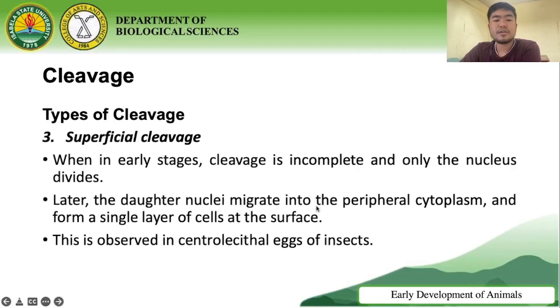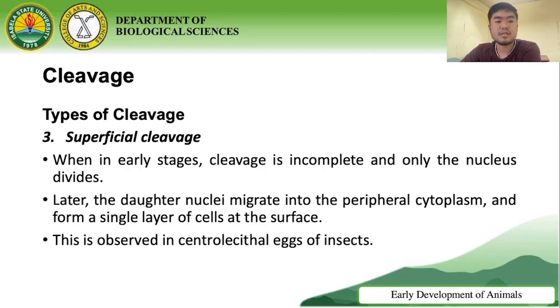And the third one is the superficial cleavage. Okay? So, when in early stages, cleavage is incomplete and only the nucleus divides. Okay, later, the daughter nuclei migrate into the peripheral cytoplasm and form a single layer of cells at the surface. And this is observed in centrolecithal eggs of insects.